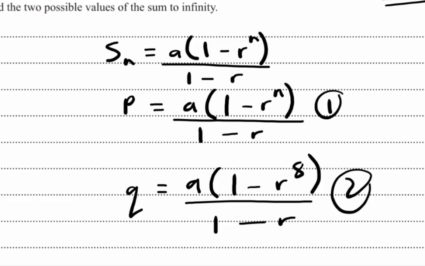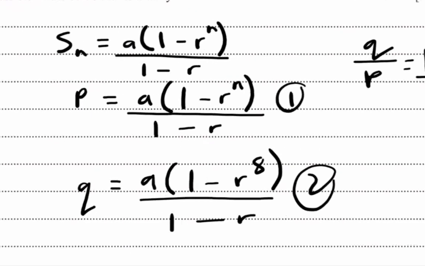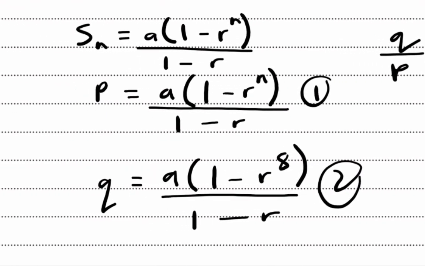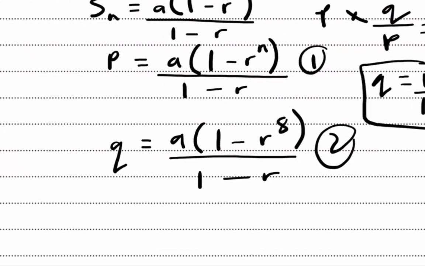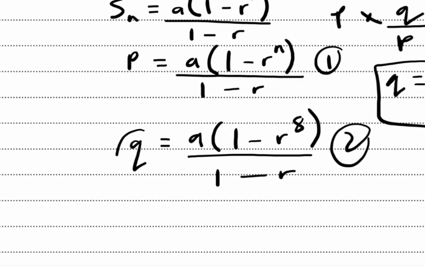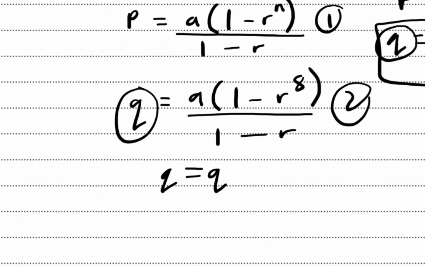And the third one we're given in the question, it's q over p is equal to 17 over 16, like that. And so we can make q the subject, so q will be equal to 17 over 16 p, just us multiplying by p both sides. Right, so now with this, we know this q is always equal to this one, therefore this part should be equal to this part.